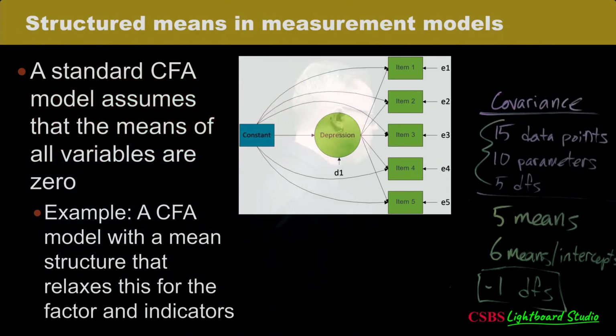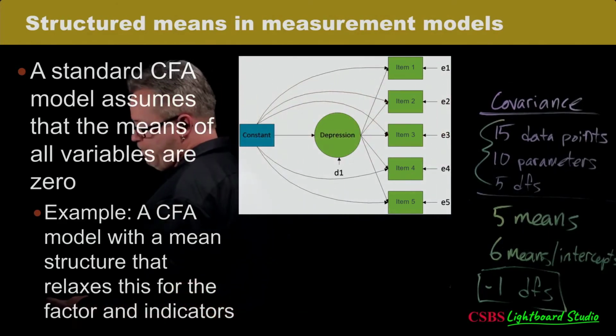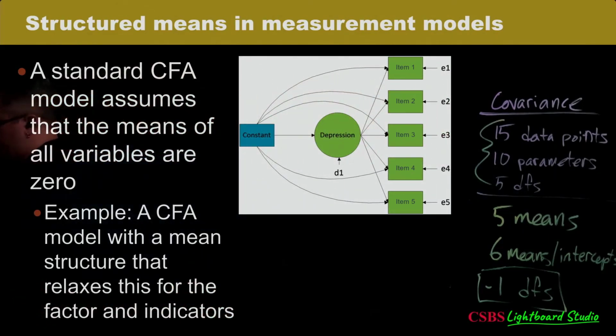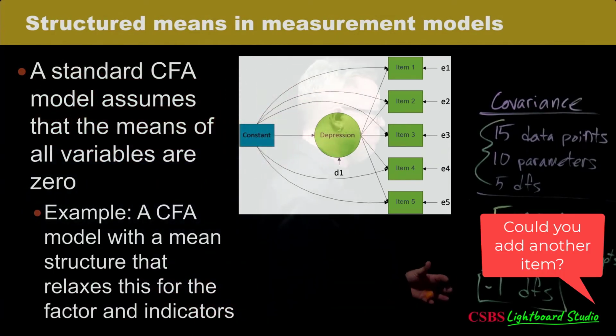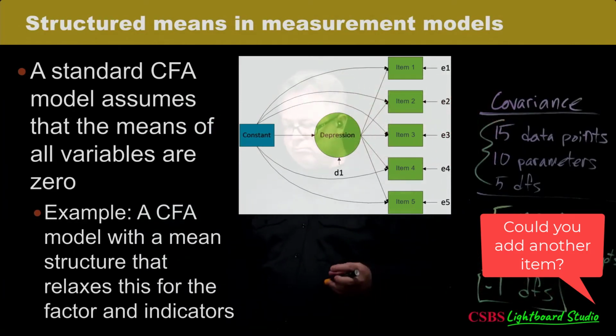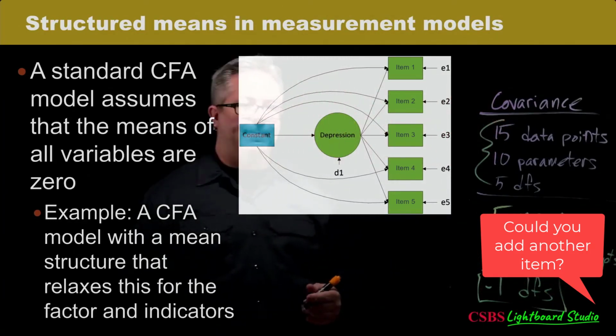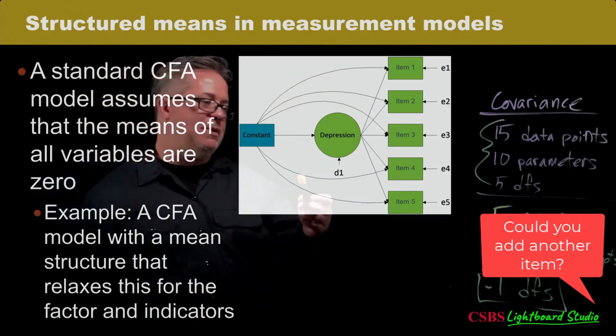If this was you and your advisor told you that they wanted the mean of the factor and the mean of all the items in a mean structure model, how could you do that? So, I mean, if we add another item, I'm still going to want the mean for that item.